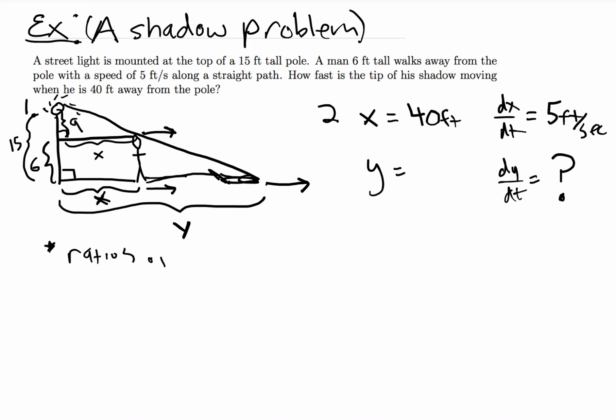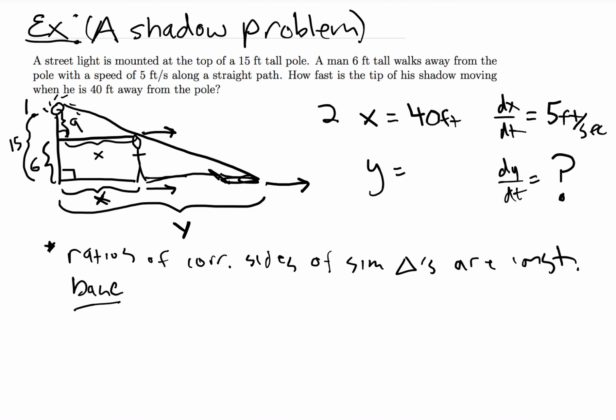Ratios of corresponding sides of similar triangles, those having three angles shared, are constant. So if I wanted to pair up the base and the height with the base and the height, both of those ratios should be the exact same, right?